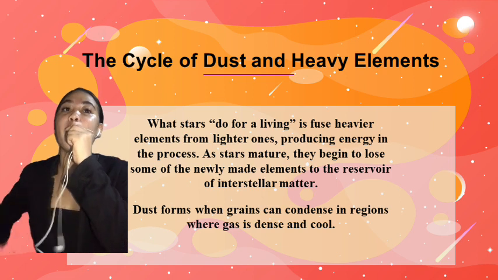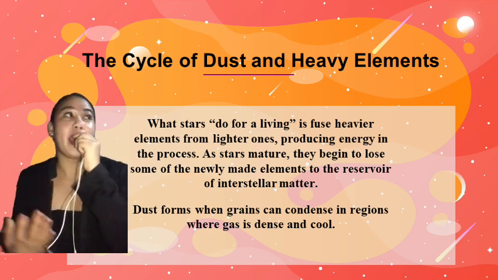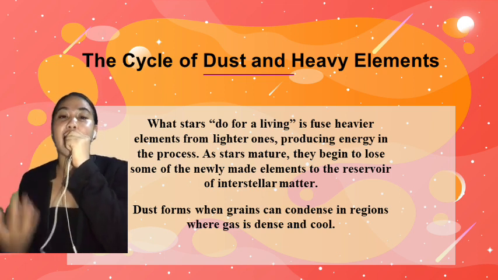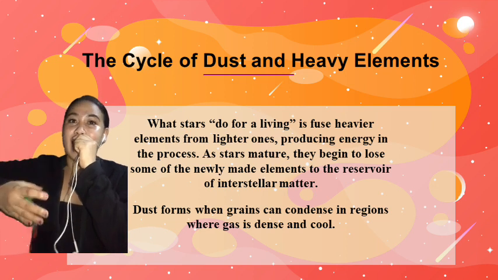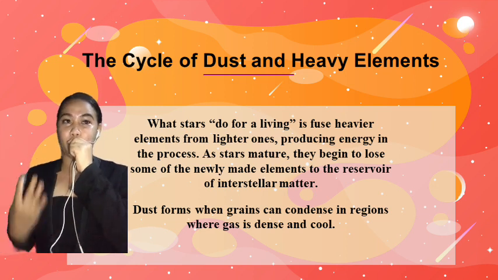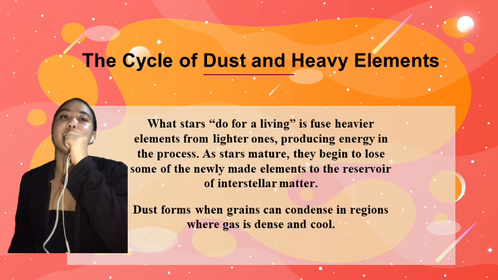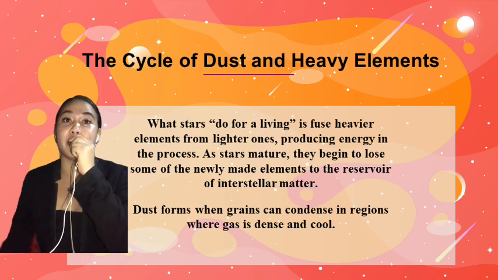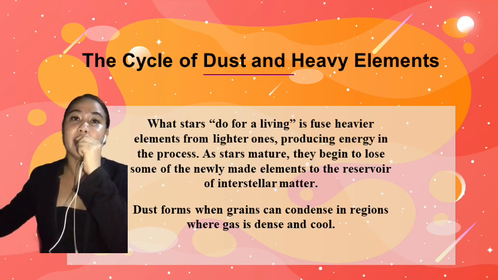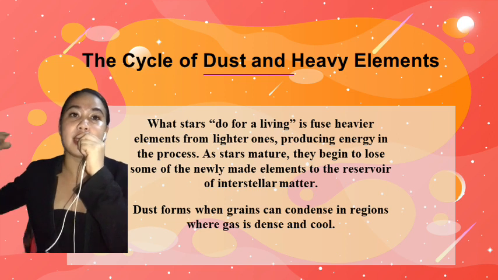Dust forms when grains condense in regions where the gas is dense and cool. One place where the right conditions are found is in the wind from luminous cool stars.